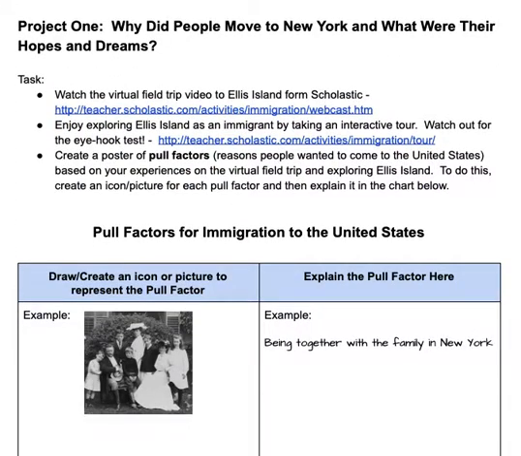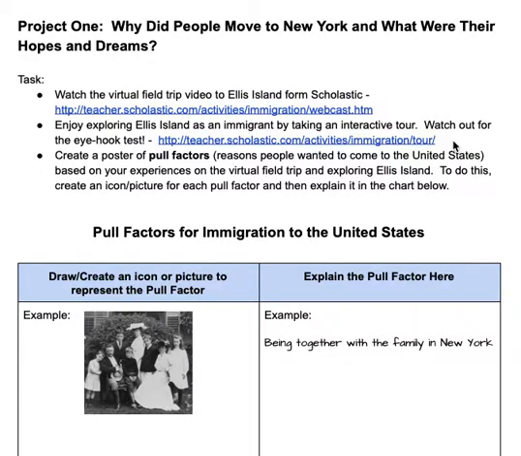The first project that we want the students to do is ask this question: Why did people move to New York, and what were their hopes and dreams? So we're looking for pull factors here, reasons that they came to New York. A couple of really cool resources that I have for you: a virtual field trip and an interactive tour. The virtual field trip of Ellis Island in New York City is extraordinarily well done.